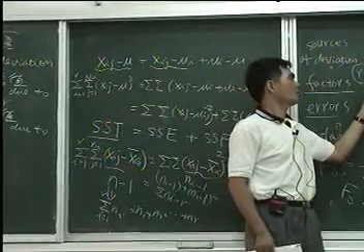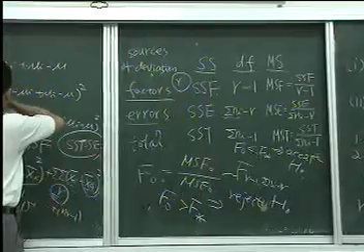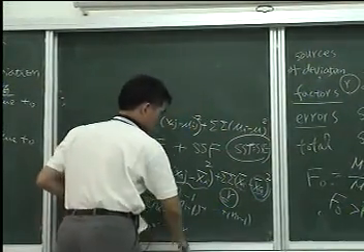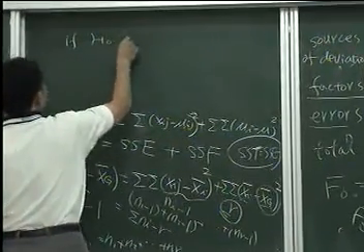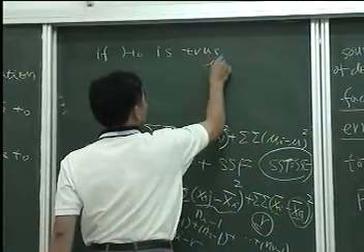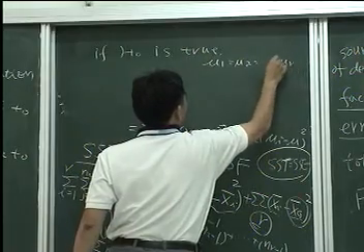And then we talk about this. Basically, if H naught is true, then you will expect mu1 is equal to mu2 is equal to mu r.